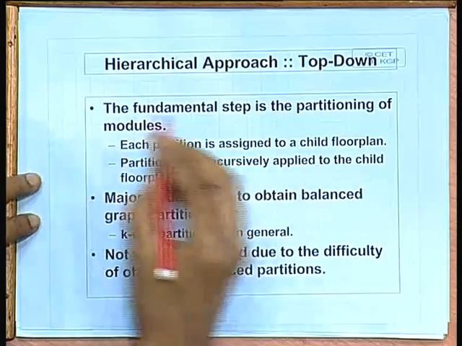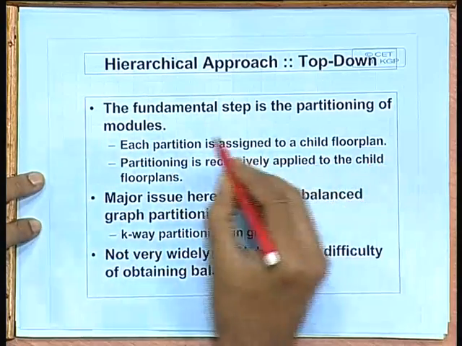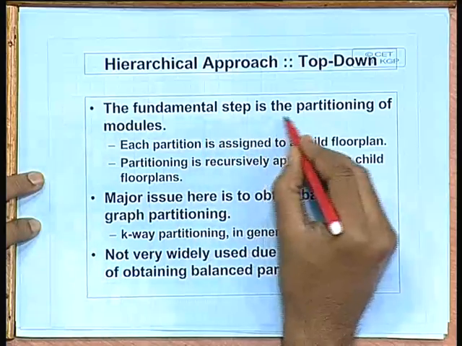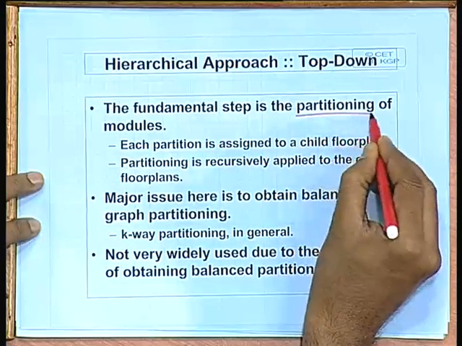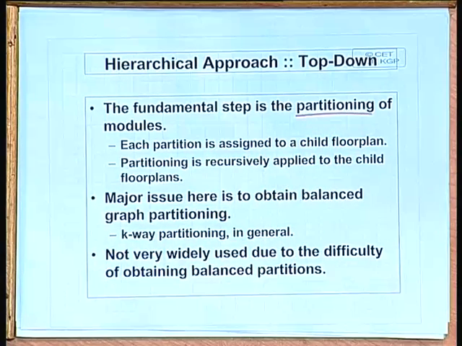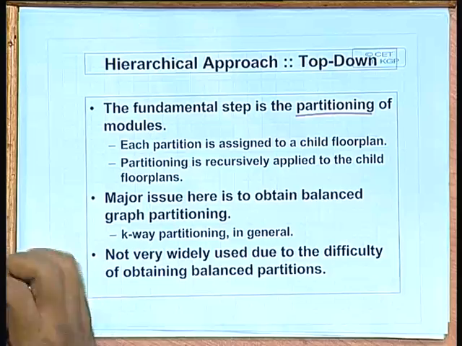See here, in the top down approach, you are actually doing partitioning and floor planning together. Given the overall netlist, you are carrying out partitioning. That is, from the total netlist you are doing a partitioning to smaller netlists, again doing partitioning to smaller netlists.